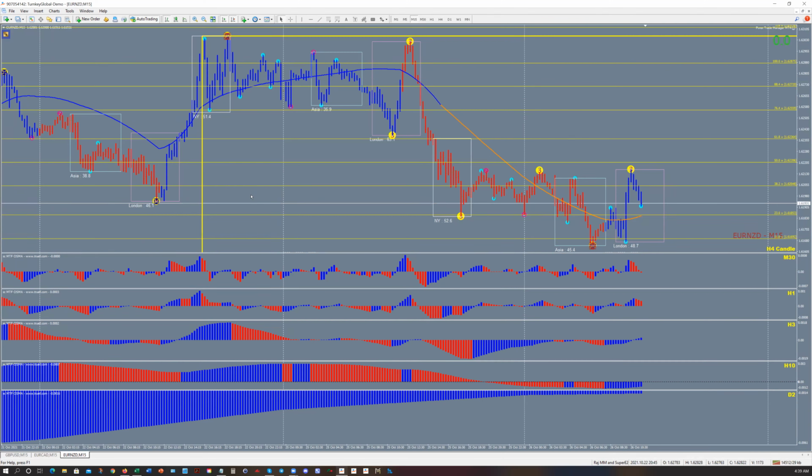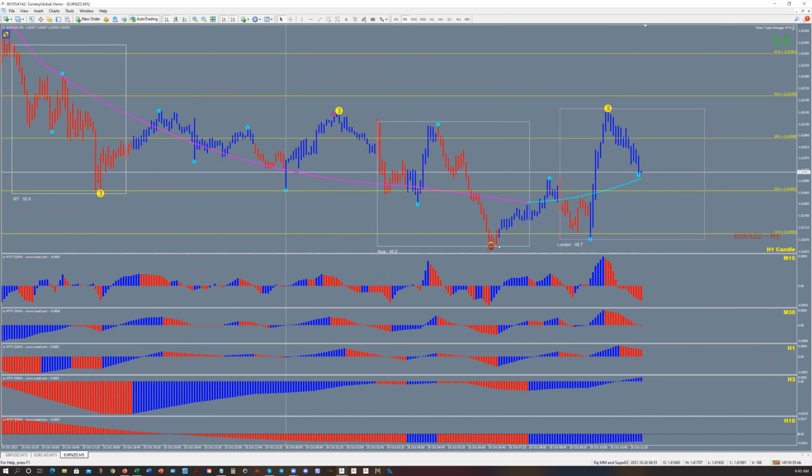How do you go from the 15 to 1 minute? What do you mean? I mean, when you identify the H4, you have a direction, that ball, and you have the H10 showing that the direction is correct.